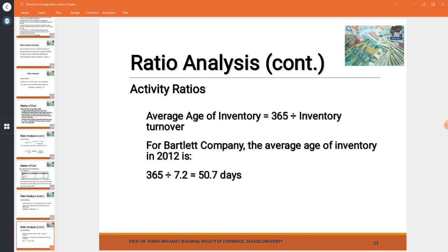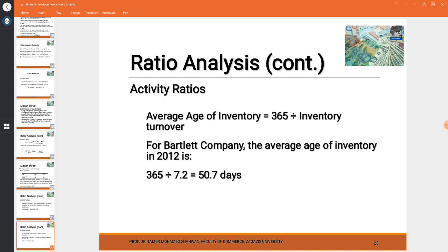This inventory turnover, if you are interested to determine it in days, and you are interested to determine after how many days you are able to get rid of your inventory, then you are interested to determine what we call average age of inventory.